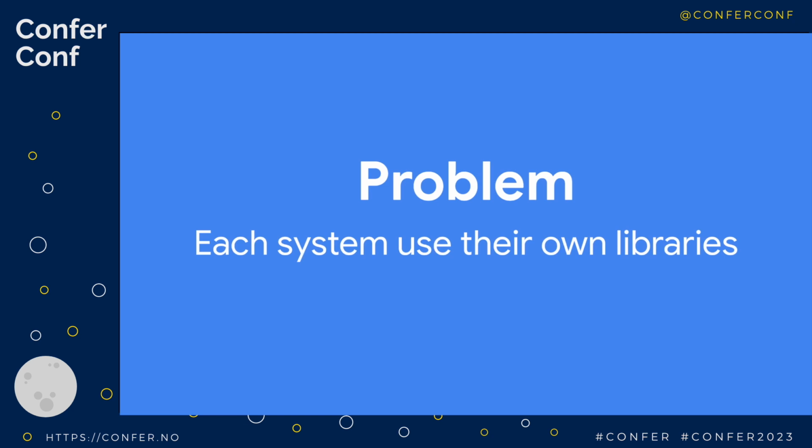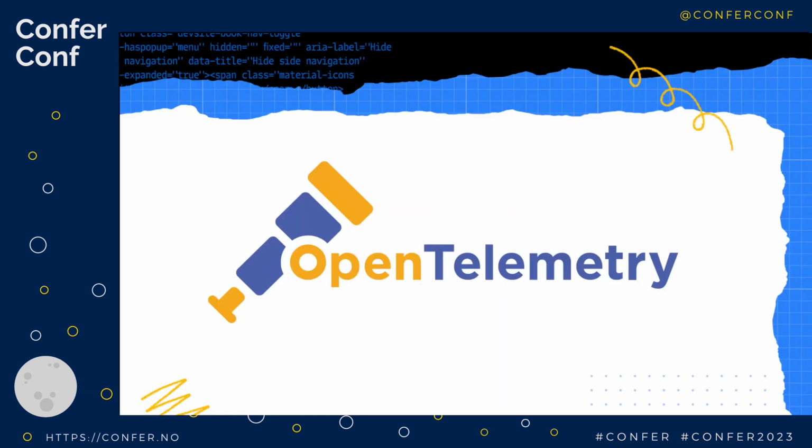So this is what OpenTelemetry tries to solve. OpenTelemetry is an open source project that came from OpenTracing and OpenCensus, which are two products related to telemetry.